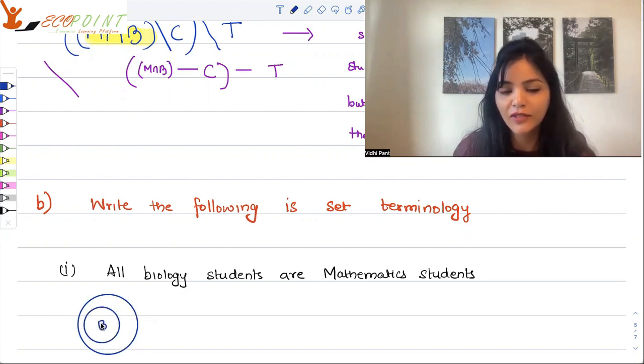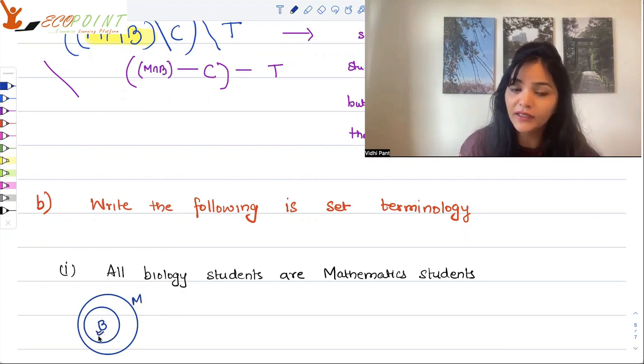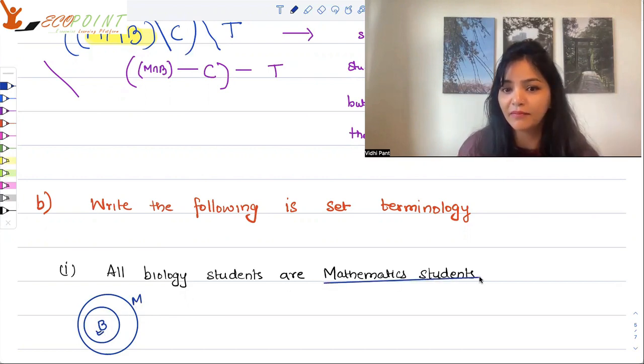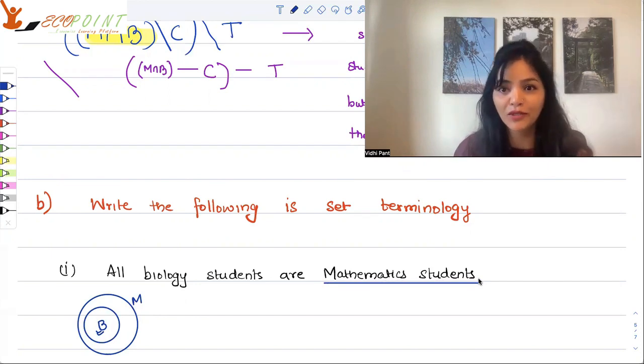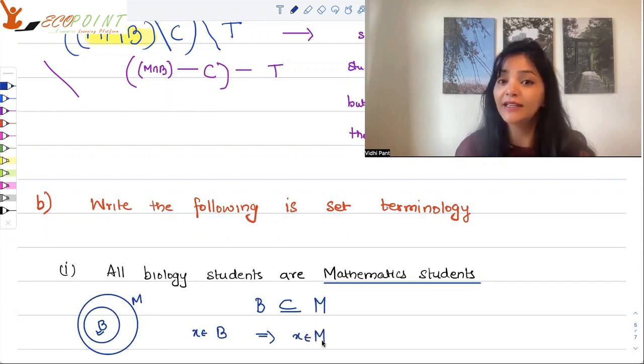So the set of biology students is contained in the set of mathematics students, because everything in this set needs to be a part of the set M. All biology students are mathematics students. So B is contained in M, because by the definition of subset, anything that is in B implies automatically that it is in M.